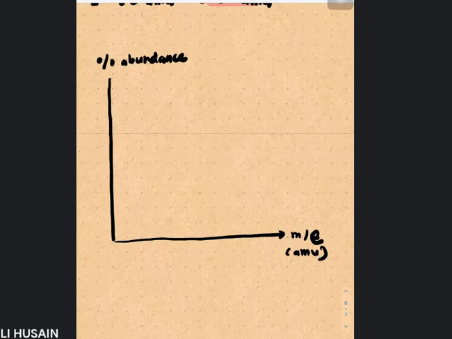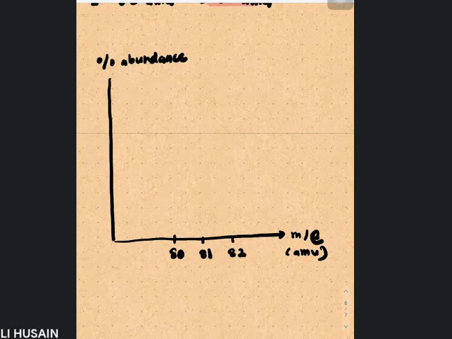So you kena start with the lightest first. Okay, lightest kita tadi 80. Okay, followed by 81. Lepas tu apa tadi? 82 and also 83. Okay, so which means that you must have 4 peaks in your mass spectrum.